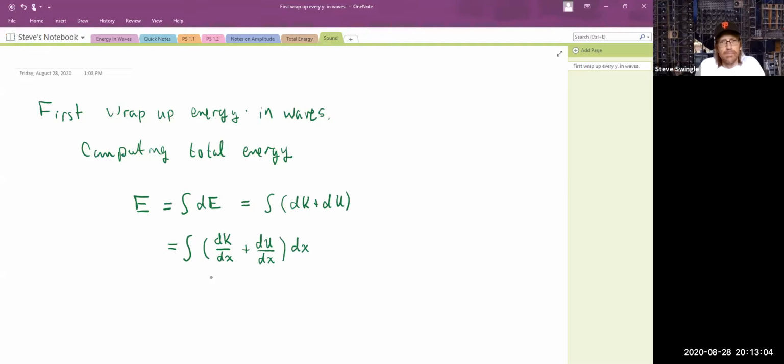I can write this with the two expressions. We got 1/2 mu, and remember it's the particle velocity squared. And the second expression was 1/2 the tension times the slope, squared.